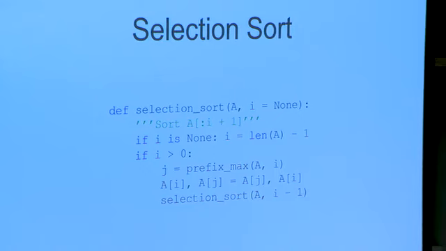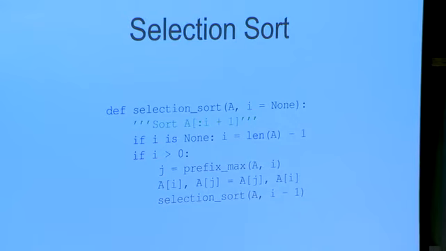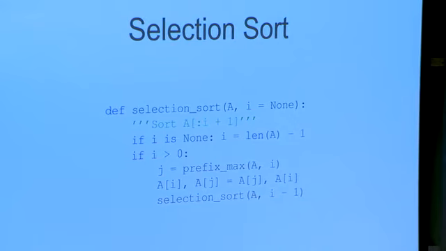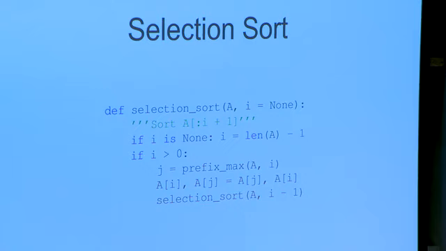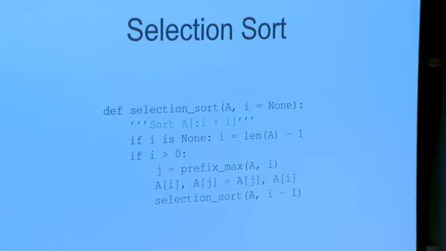So this is just a code version of the technique we've already talked about. You find the biggest element between 0 and index I. That's what we're going to call j here. I swap that with the one in index I. That's step 2. And then step 3 is I still have to sort everything to the left of index I, and that's that recursive call.